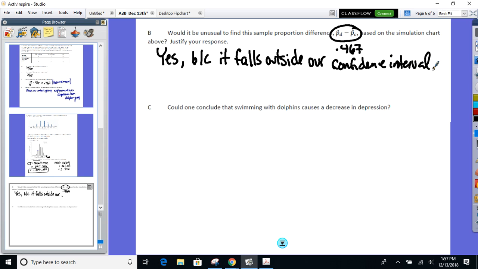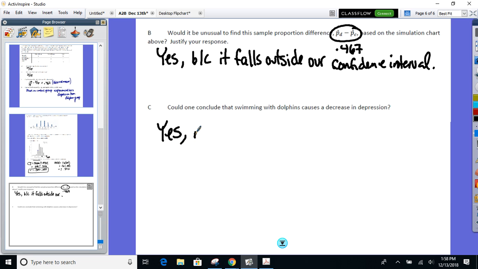So the question I asked you at the beginning of class, could one conclude that swimming with dolphins decreases depression? Can we conclude that? Yes, because when it falls outside, it's not by random chance. And the only other explanation we have is because of the treatment.